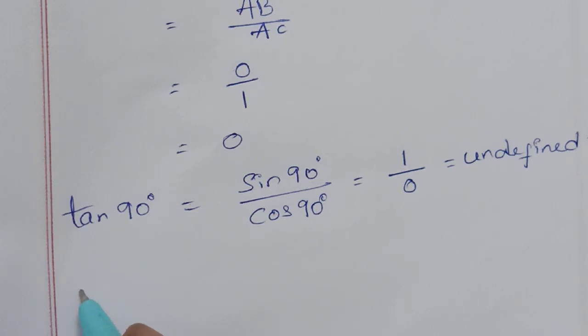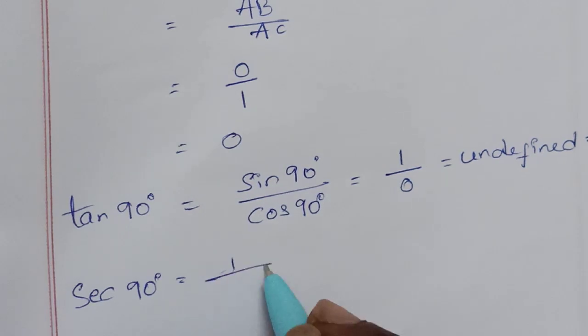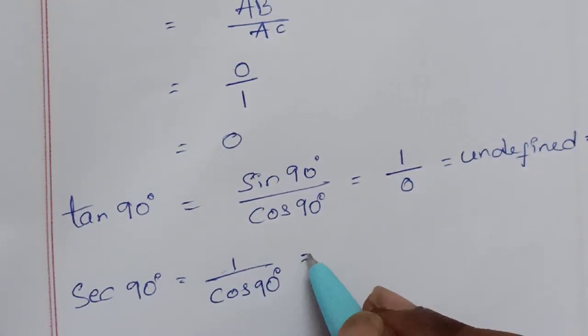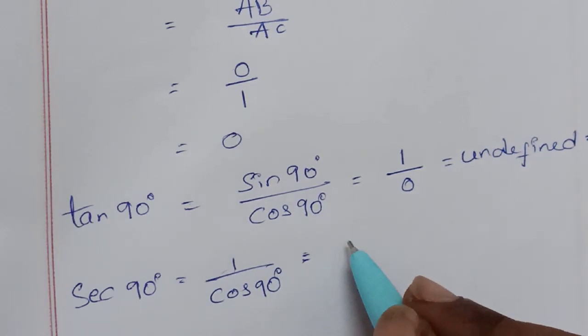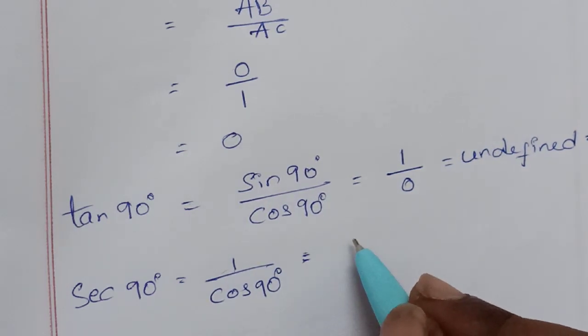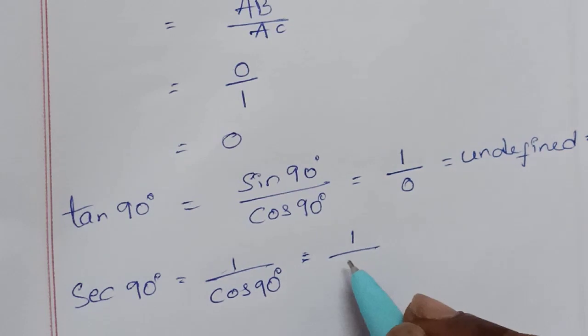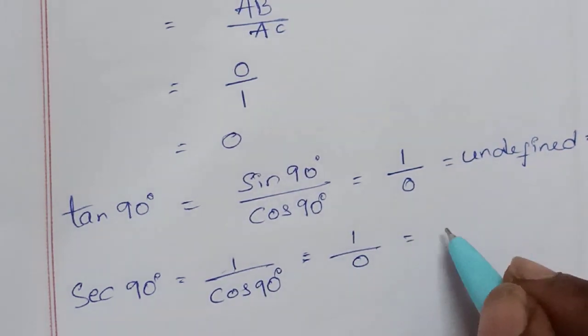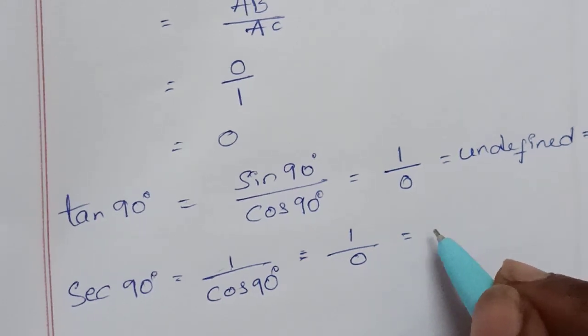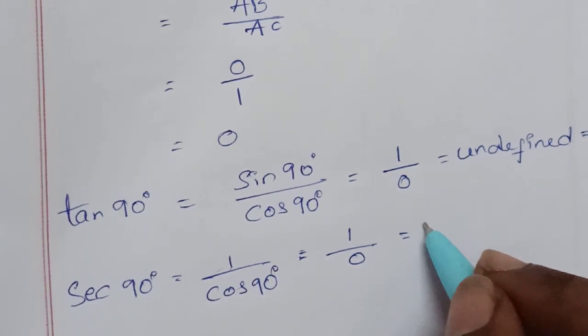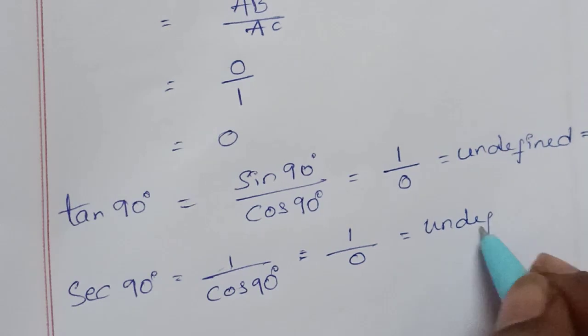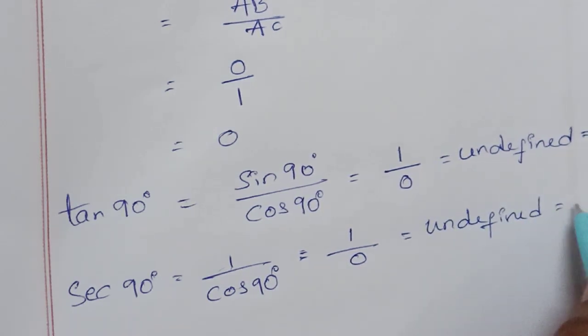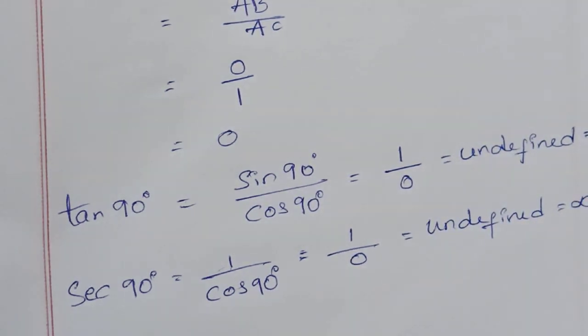Next, secant 90 degrees, 1 by cos 90 degrees. 1 by cos 90 value is 0, that is equal to undefined, infinity.